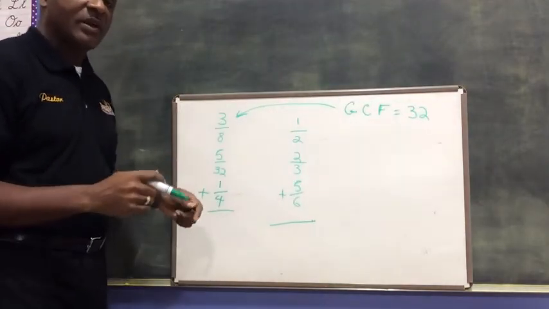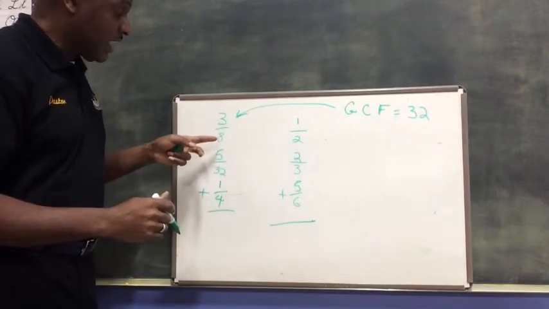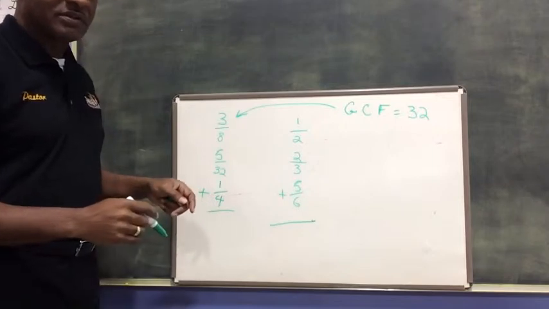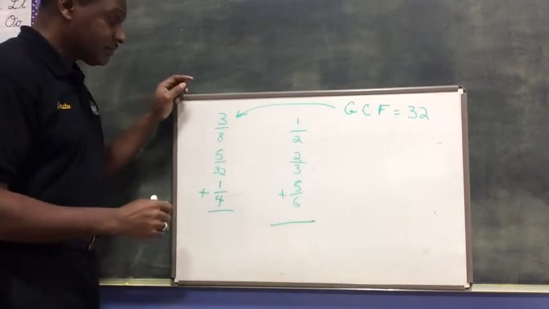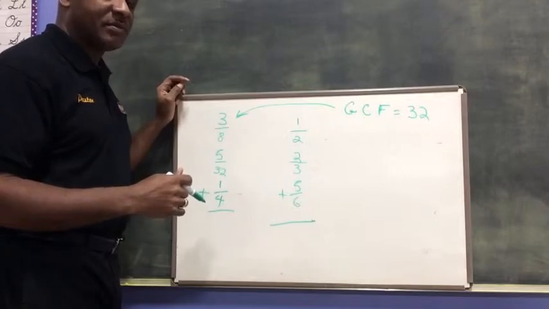So what I need to do in this particular case is find out how I can make the 8 into a 32 and the 4 into a 32 so that they match one another. And one of the ways we do that is by using multiplication.